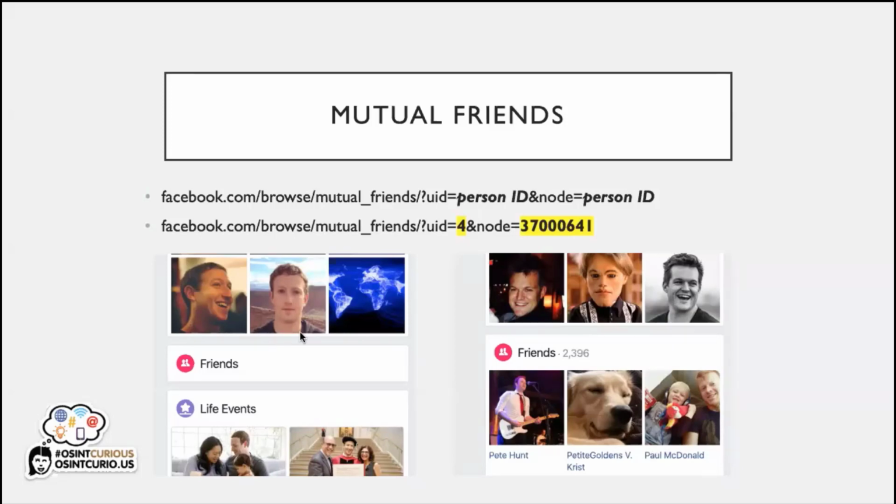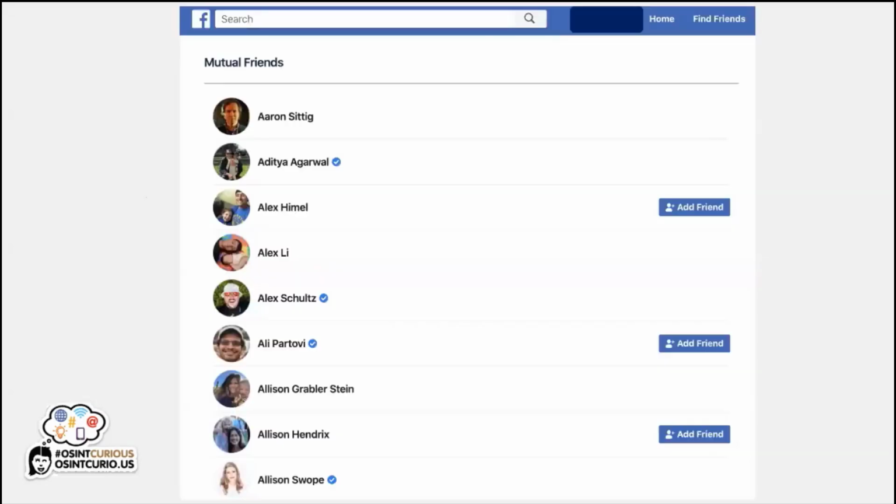So we are using a URL, facebook.com/browse/mutual_friends, the user ID, in this case number 4, and the user ID of the profile we're looking into. And your results will be matching up somewhere like this. So you will be seeing some of the friends in there who are mutual friends. I've experienced myself that sometimes I knew for sure people were friends on Facebook, but they didn't end up in the mutual friends list.